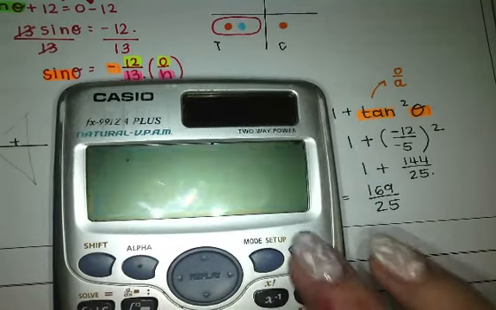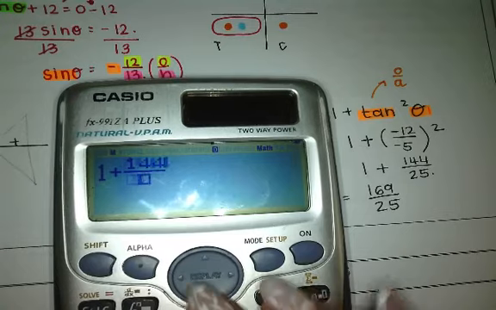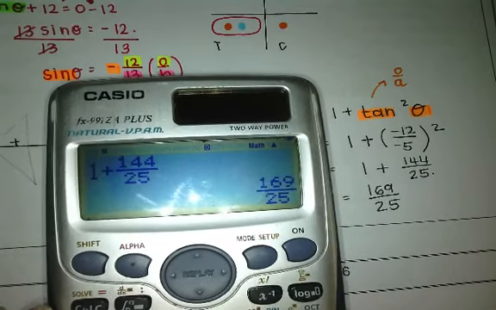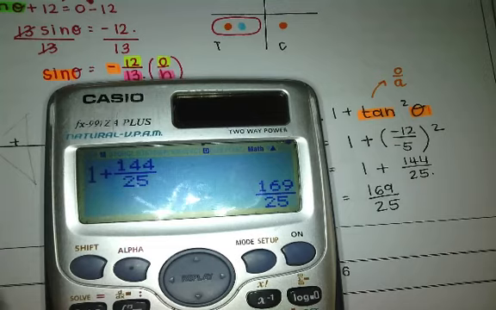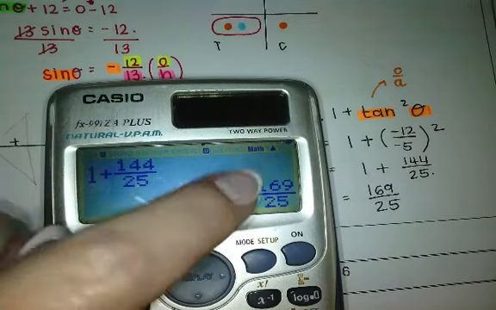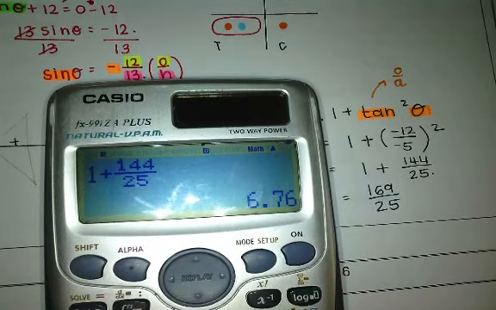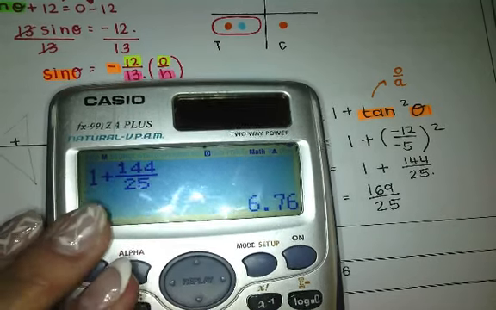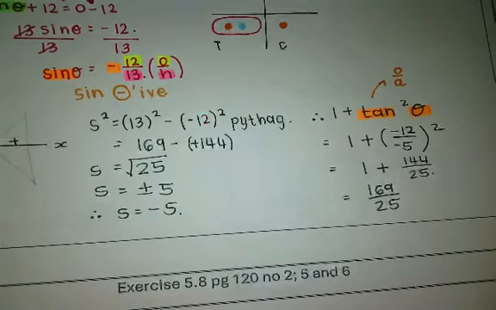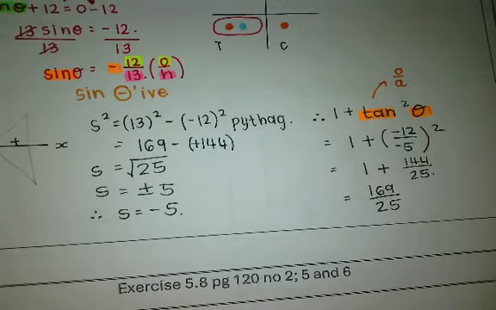So literally just added 1. I said 1 plus 144 over 25. No, because how would you know that 169 over 25 is 6.76? Then I know you use your calculator and then I'm not going to give you a mark.